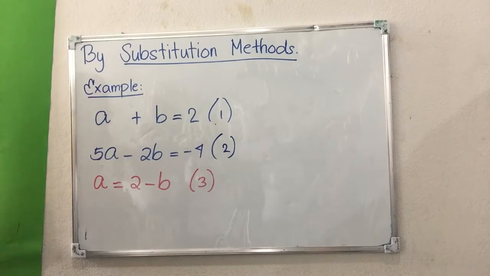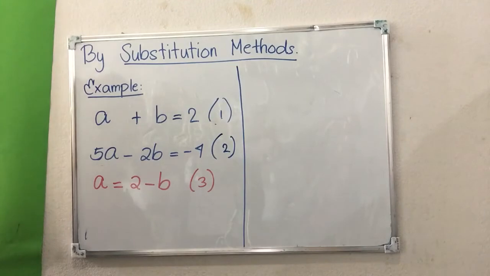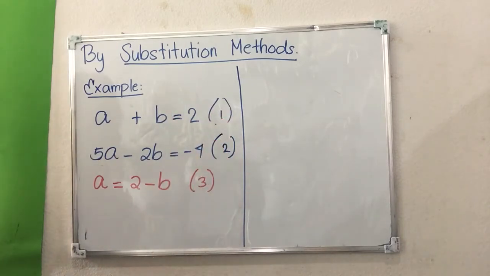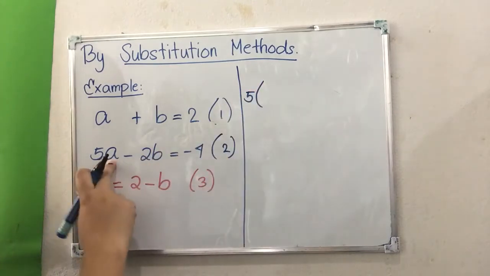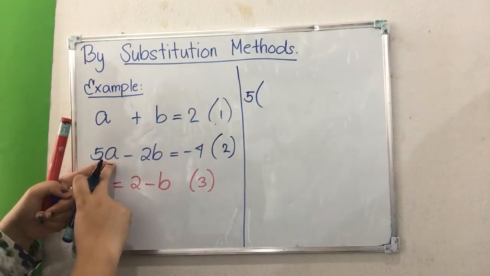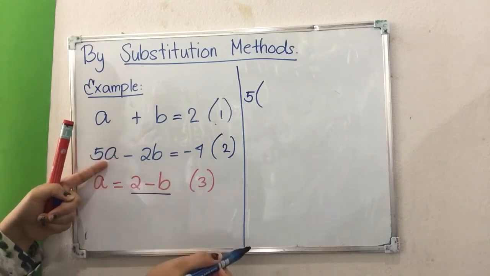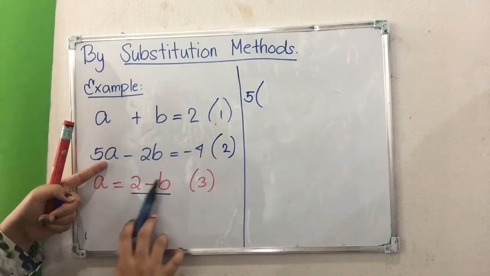Now let's move on to step 2. Substitute the value of this variable into either equation 1 or equation 2. I will choose equation 2. We have 5 times, and what is the value of a? We substitute the value of a with the given 2 minus b.